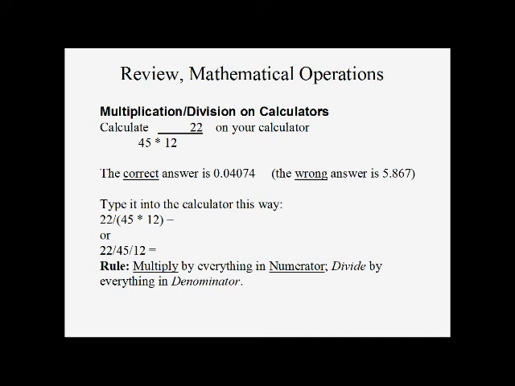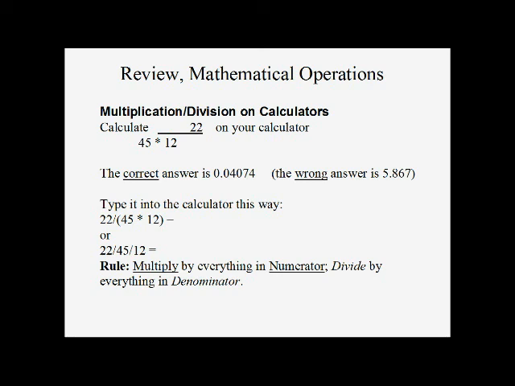The formatting here isn't too great, but when we do 22 divided by 45 times 12, if we type it in the way I just spoke it, 22 divided by 45 times 12, we would get the wrong answer. So what happens is that there's an implied parenthesis for everything above and below that division sign.